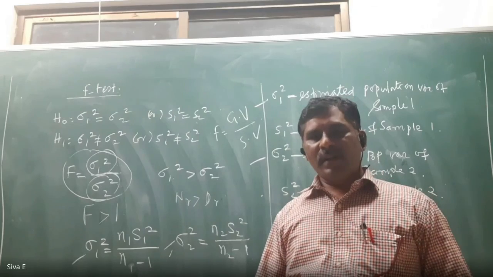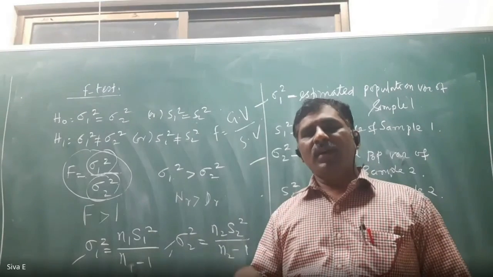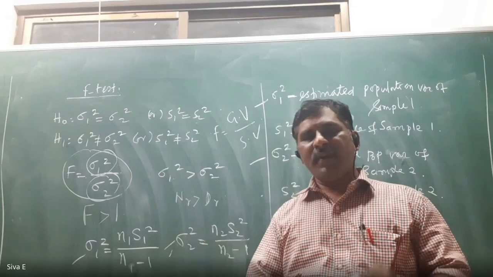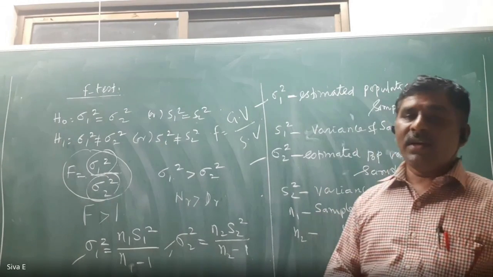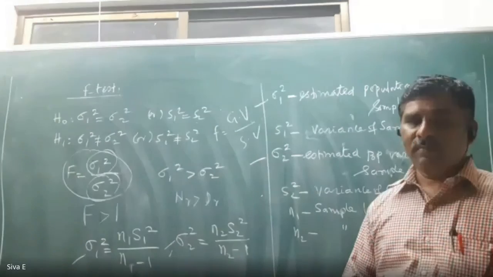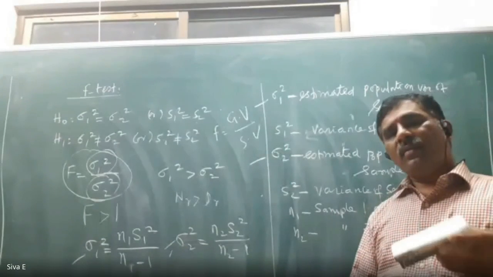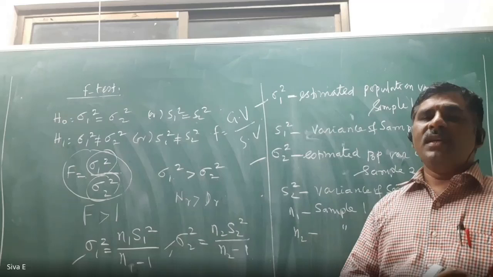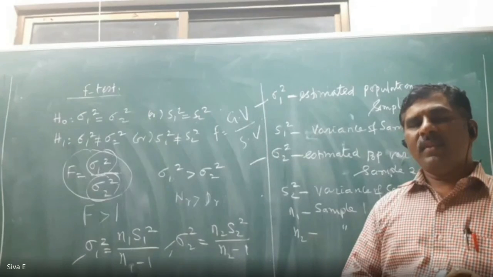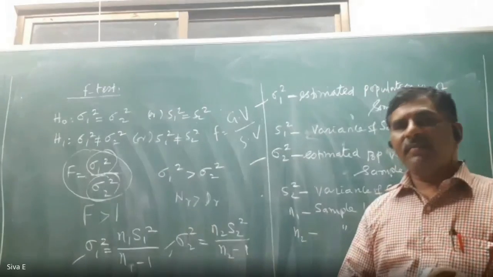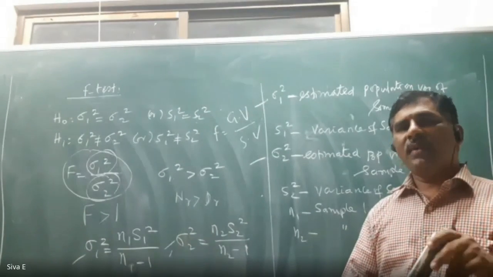But particularly for the F test, don't fix which one is sample 1 and sample 2. First you have to find the estimated population variance of sample 1 and sample 2. Then you see the values of estimated population variance. Which one has greater variance? That is sample 1.